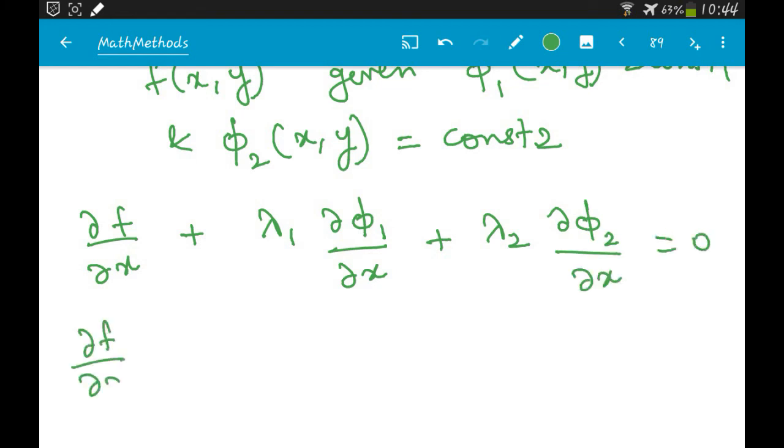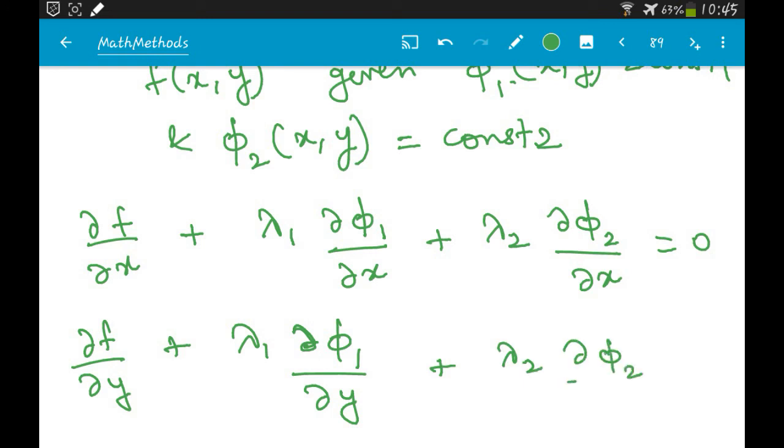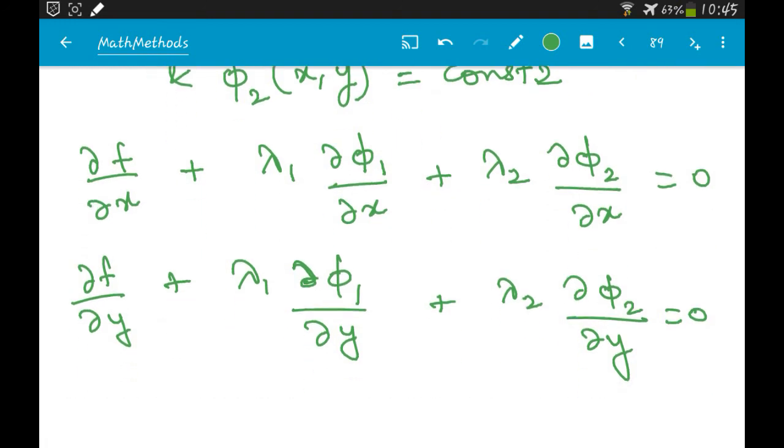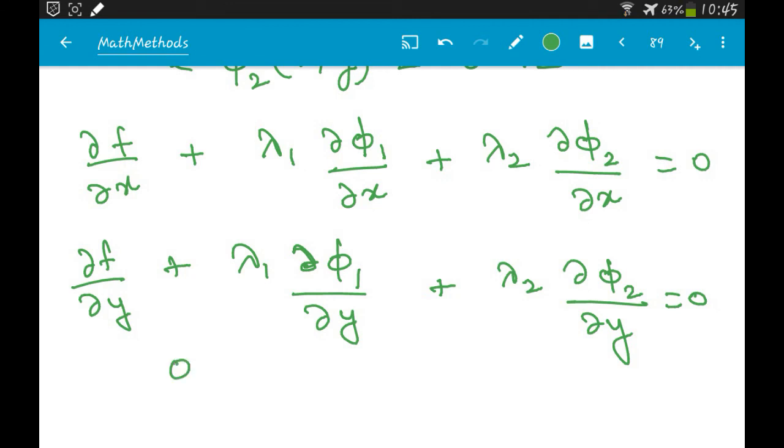And this is dou f by dou y, right? Plus lambda 1 dou phi 1 by dou y plus lambda 2 dou phi 2 by dou y is 0. Right? And then we have phi 1 of x, y, z. Sorry, there is no z, right? If there is z, then you just extrapolate it that way.